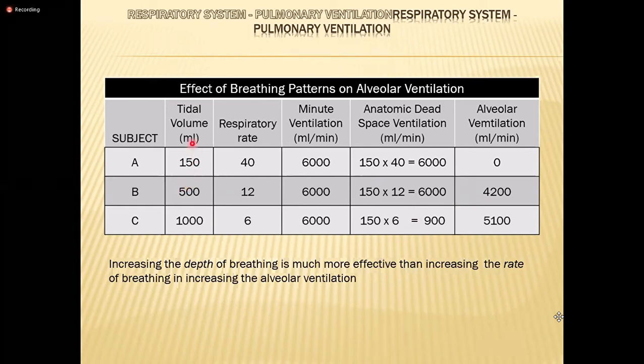Now, when the tidal volume is only 150, what happens? And the respiratory rate is 40. The minute ventilation is 6 liters. And the anatomic dead space ventilation is 6 liters. So the total minus the anatomic dead space.